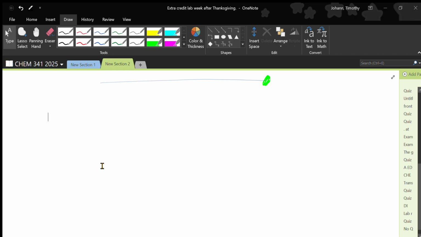So cellulose is a polymer of glucose. So just plain old glucose again. Glucose residues linked together by beta 1,4 glycosidic linkages.